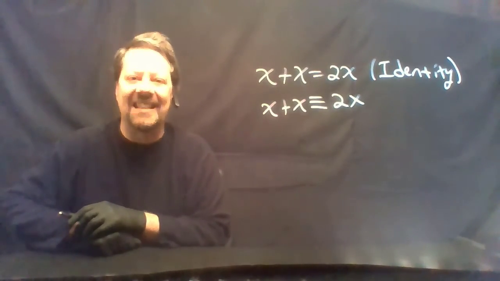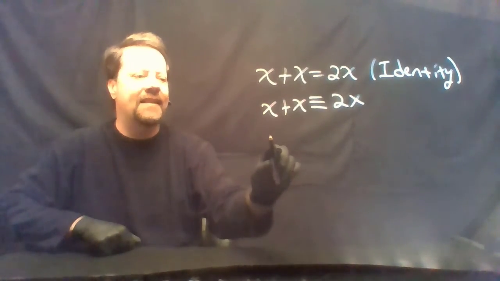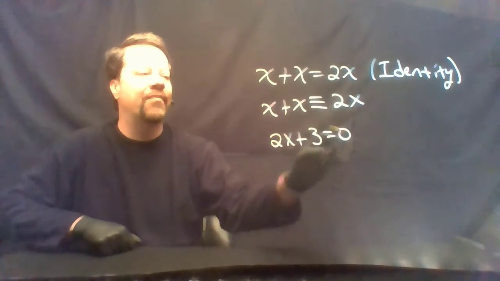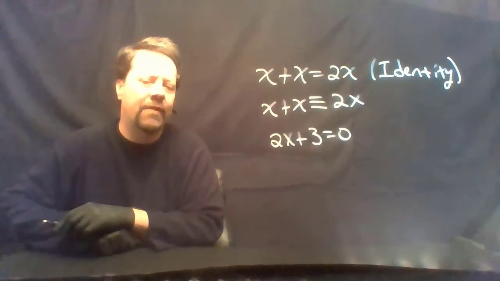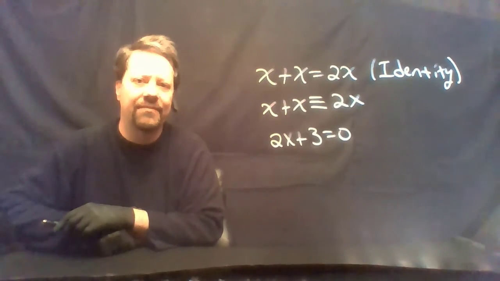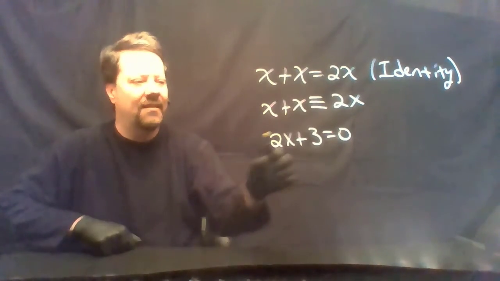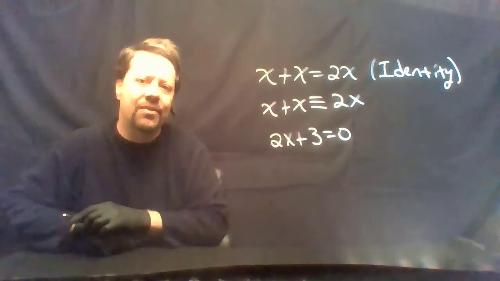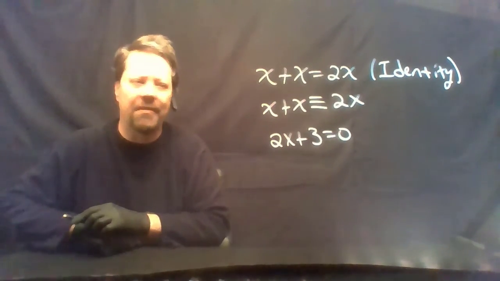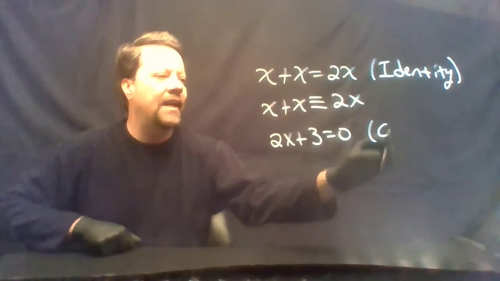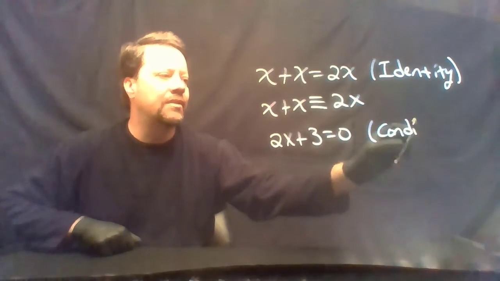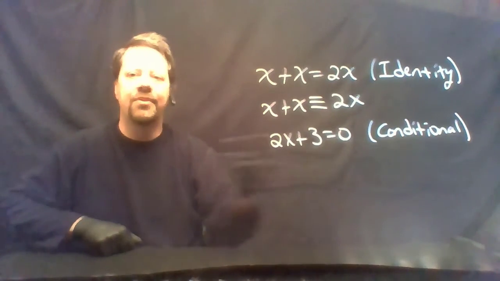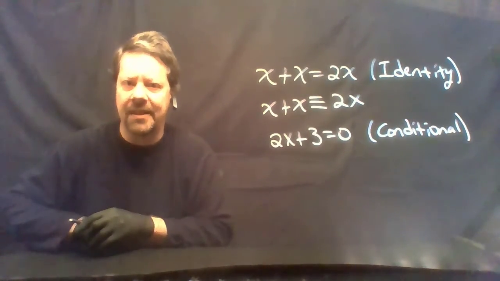It's identically equal to. That's different from 2x plus 3 equals 0. For what values of x is this equation true? This is true for x equals negative 3/2, but it's not true for any other replacement of the variable. This is called a conditional equation. It is true sometimes, but not at other times.